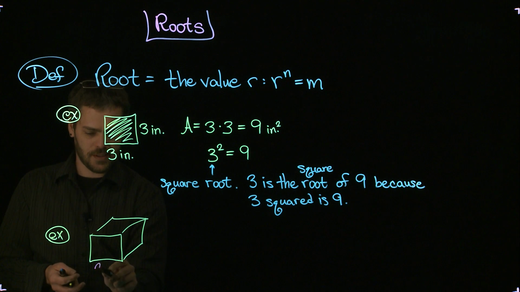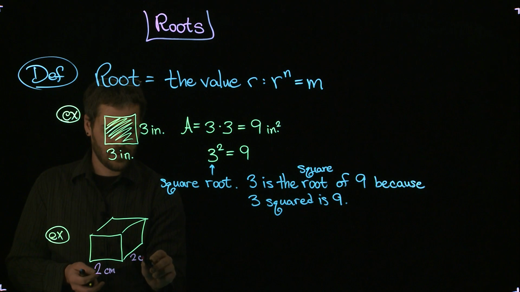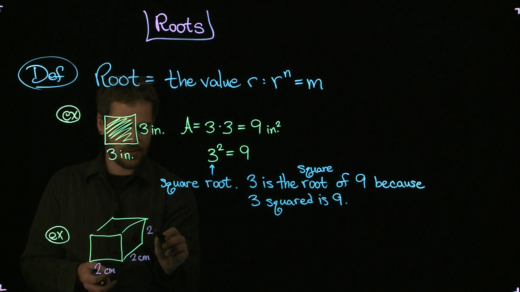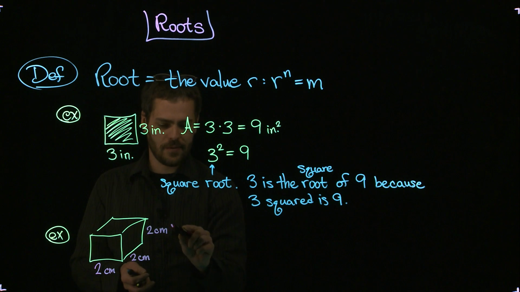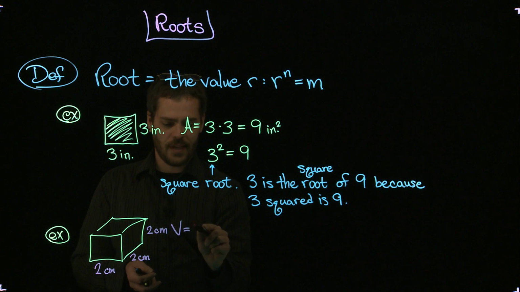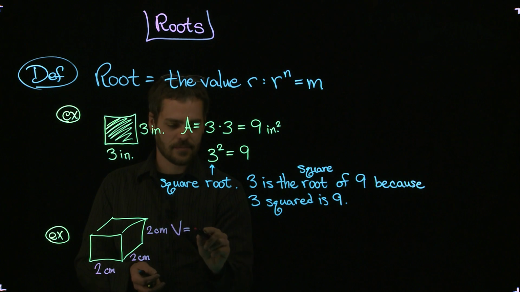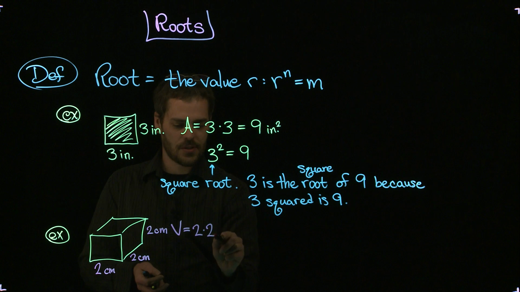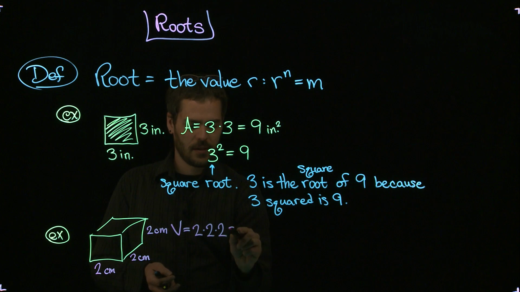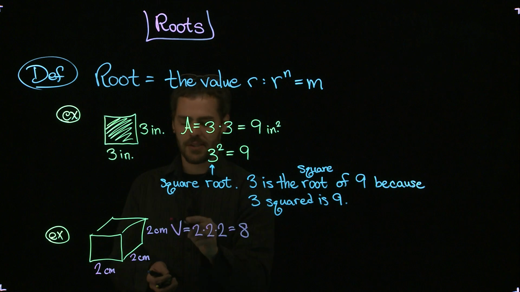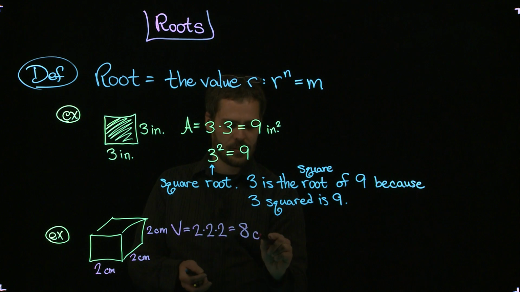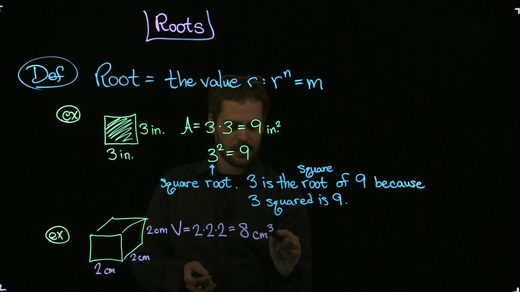And suppose we said this is 2 centimeters by 2 centimeters by 2 centimeters. Then we can state the volume of this cube as length times width times height, 2 times 2 times 2, which gives us 8. And in this case, since all our dimensions are centimeters, we have centimeters cubed, or cubic centimeters here.